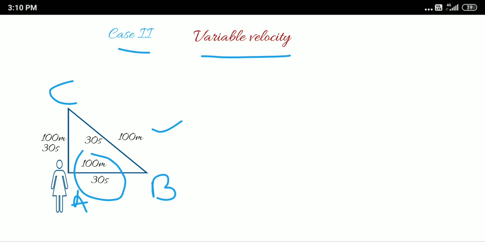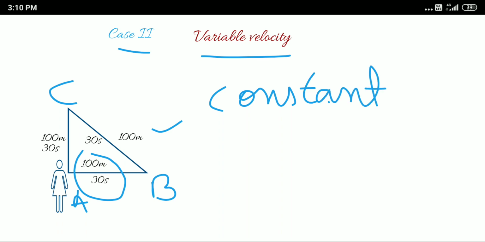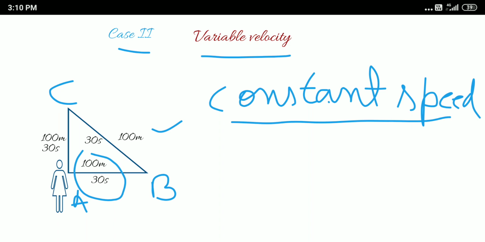So here you can see an object is moving with a constant speed. Am I clear? But the object is continuously changing its direction.